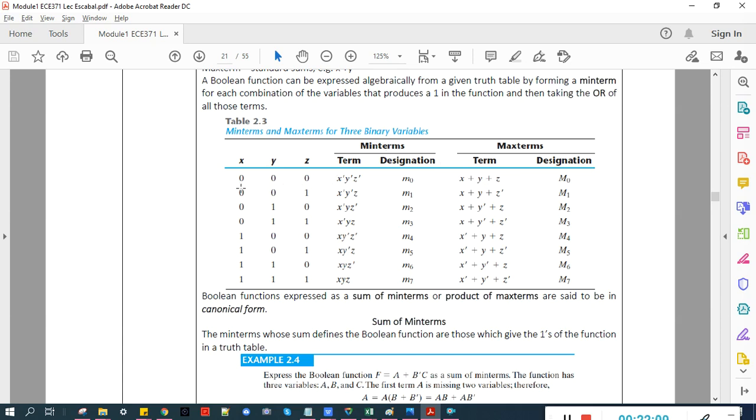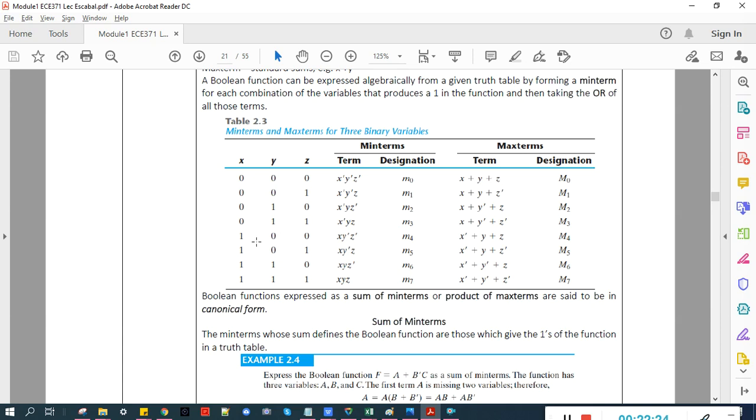For the mean term, if it's all 0, we use the complement of each variable and then we AND them. For the max term, if it's 0, 0, 0, we don't complement. We take them as is and then use the OR operation.